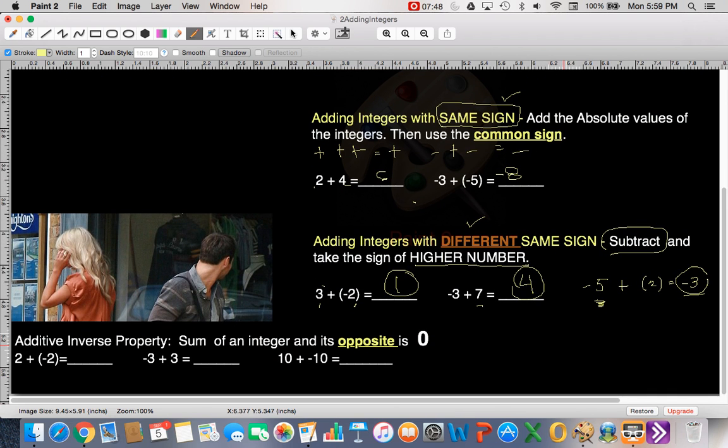Looking at this example, you can see a picture of two people walking from different directions, and we call this opposites. If people are walking in different directions, they are going opposite ways.